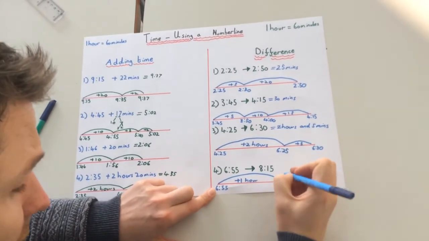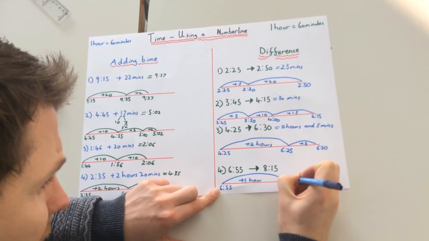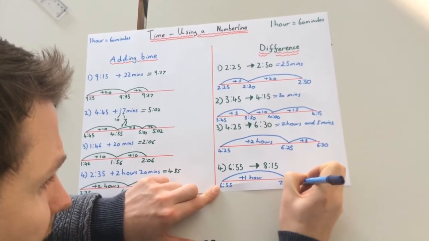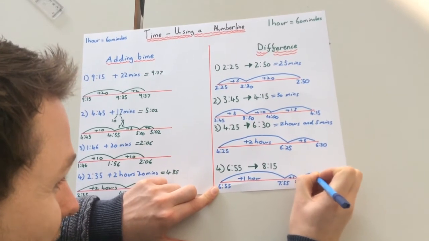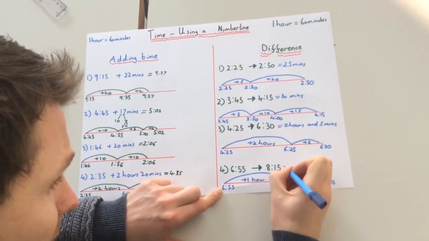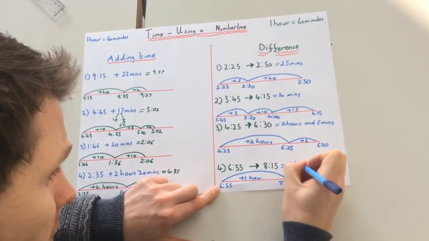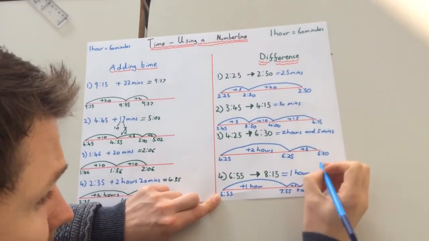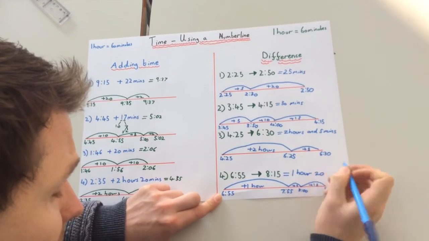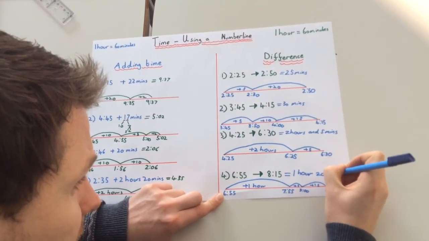I have to get to 8:15, so if I add 5 minutes, that makes 8 o'clock, and then now I can add 15 minutes. So my answer is 1 hour, and I've got 15 minutes and a 5 minute, so 1 hour, 20 minutes.